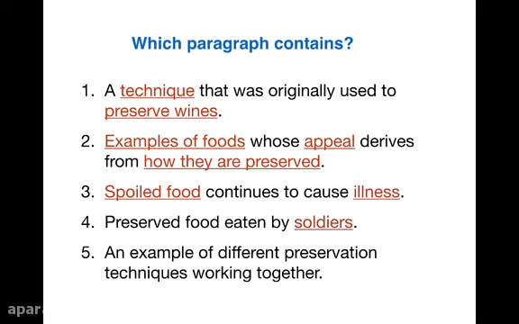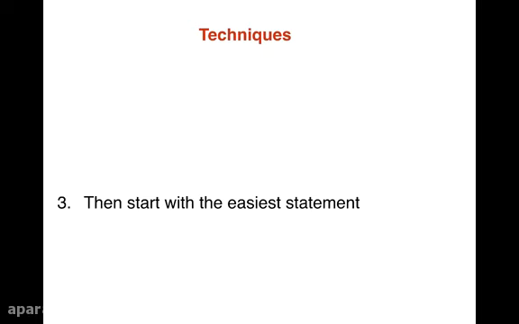And 5, an example of different preservation techniques working together. Now that we've underlined the keywords in all 5 question statements, we can move on to technique number 3, then start with the easiest statement.